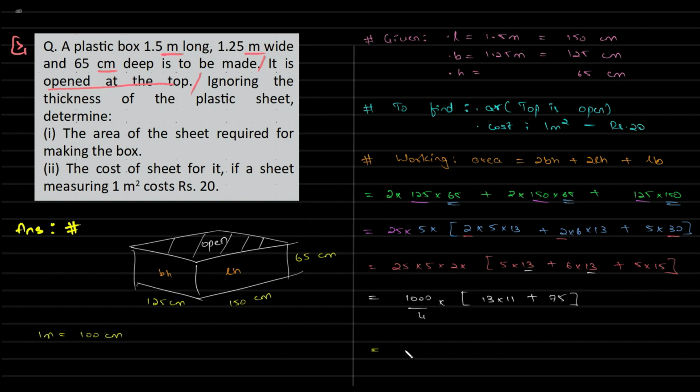You can reduce the calculation. I'm just slowing down so that I don't confuse anyone. 143 and 75, so 143, 75, 8. Then we have, this is 128. This is easy to divide with 4, right? Then multiplying with 250.